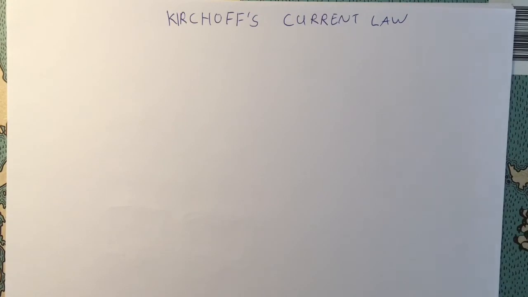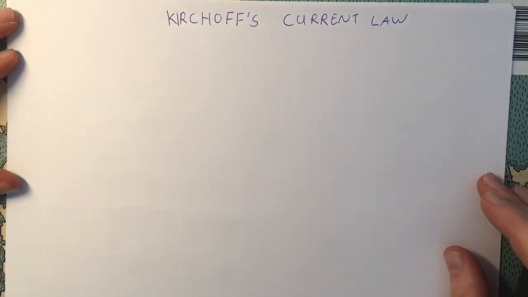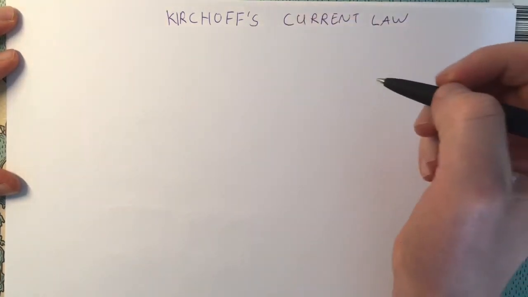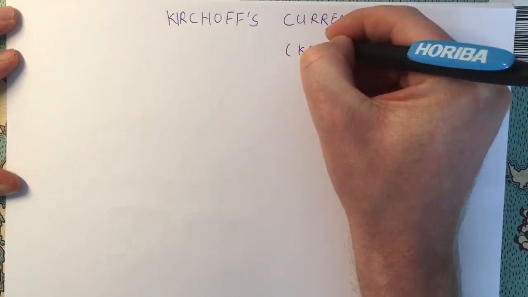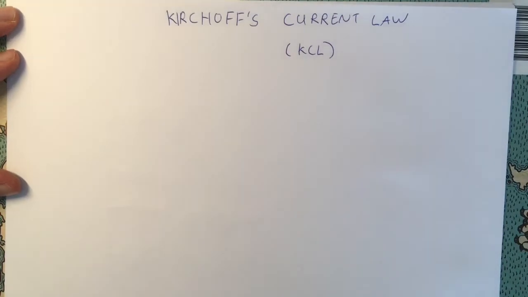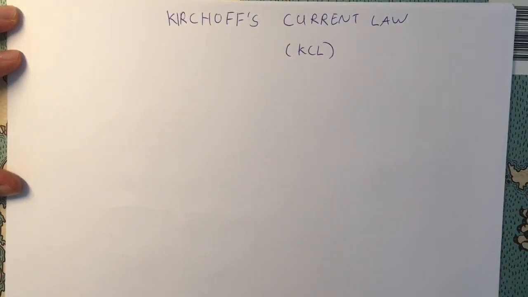So Kirchhoff's current law is a law that we deal with when we've got nodes in an electrical circuit. It's sometimes abbreviated as KCL. Now, a node in an electrical circuit is simply where we have a branching.